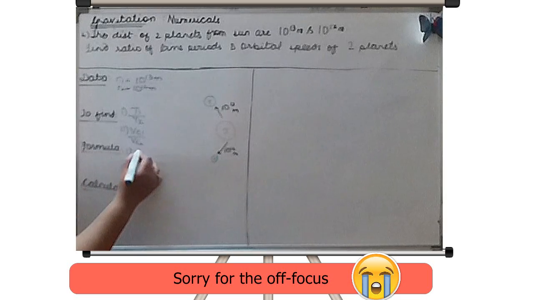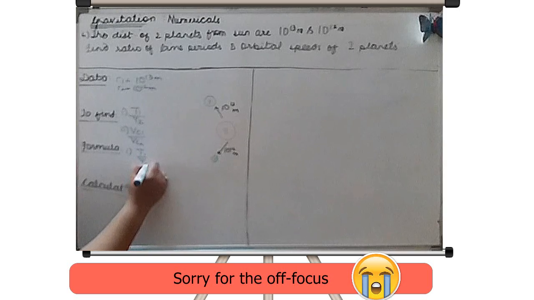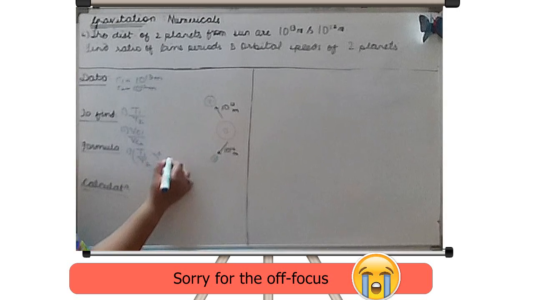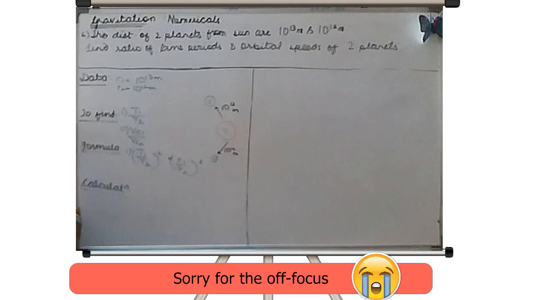Formula for the first one is, we know that (T1 upon T2) the whole square is equal to (R1 upon R2) the whole cube. For critical velocity, we know that it is under root of GM upon small r. Why not capital R? Because here we are not taking any planet or any such thing.